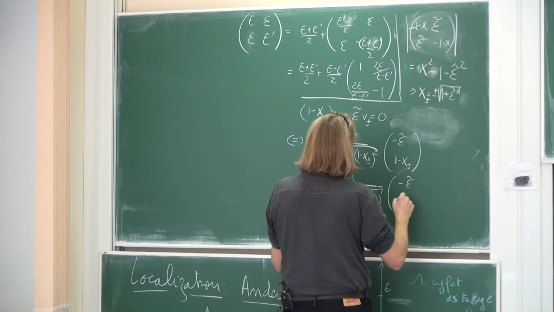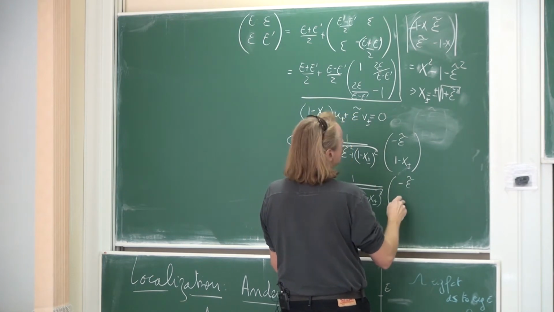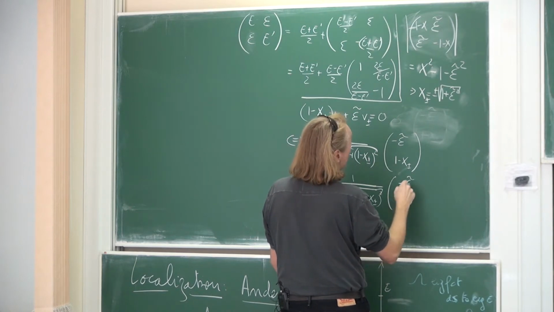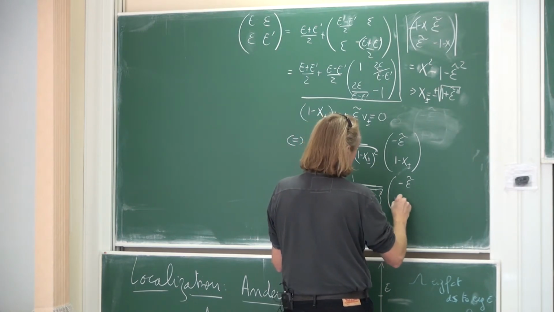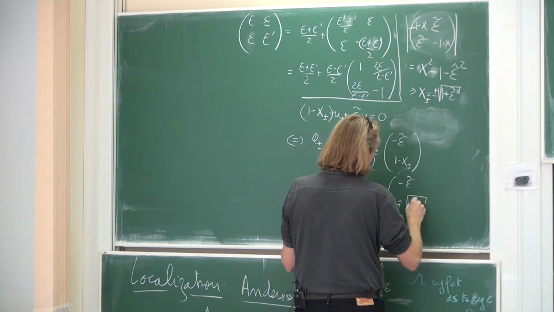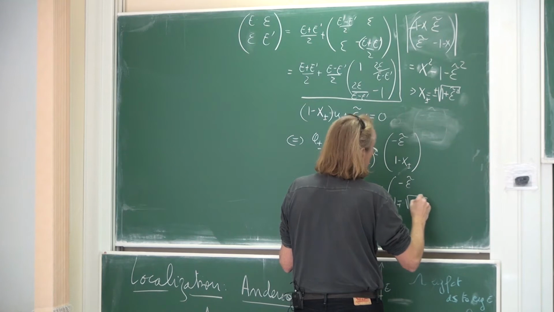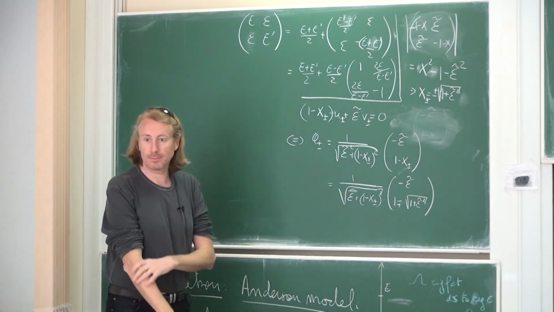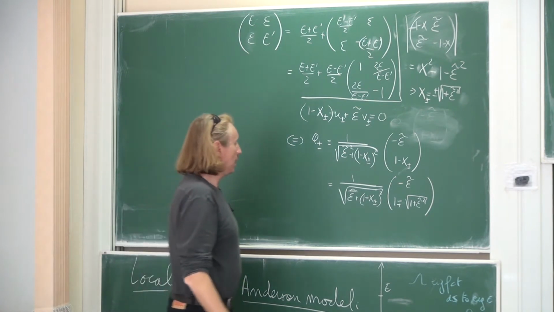Minus epsilon tilde. I'm going to replace this, so by 1 minus plus square root of 1 plus epsilon tilde, epsilon tilde squared, right? Okay, these are two things.